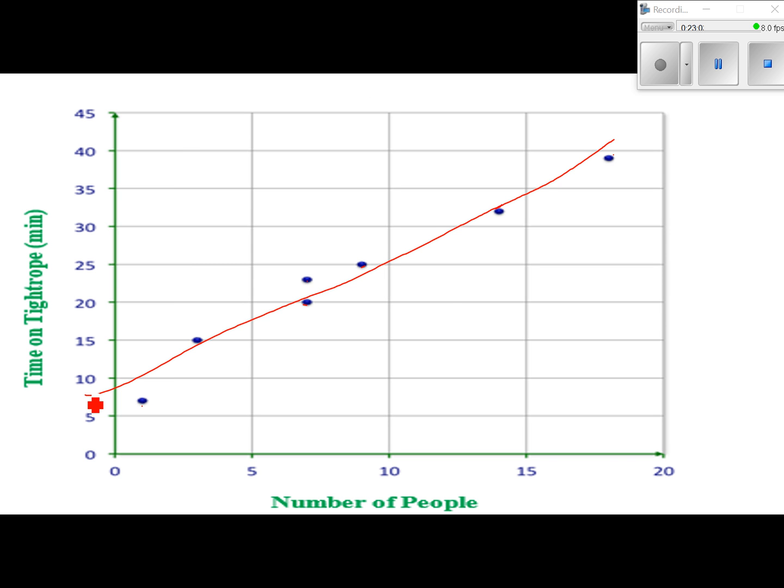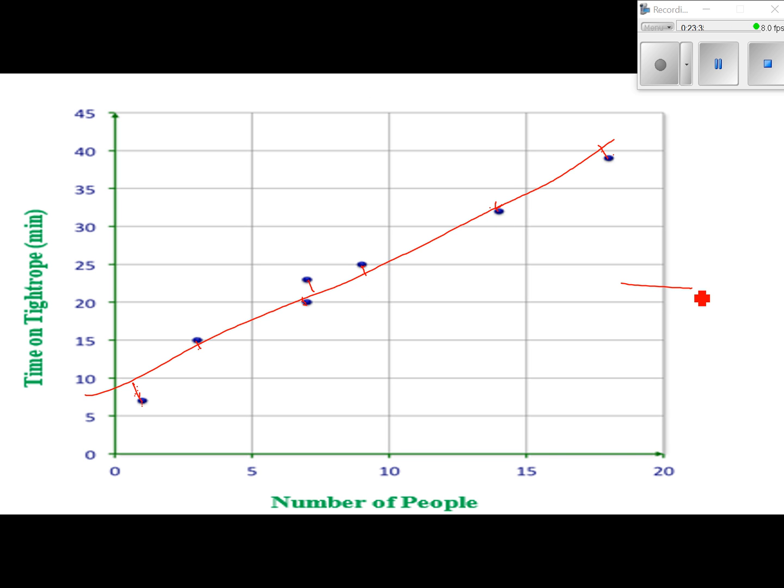So if we draw something like that in, now what normally happens, or where you get this regression line from, is you have to figure out for each point how far it is from that line of best fit. And what happens is you take all of those distances and you find the average of them.